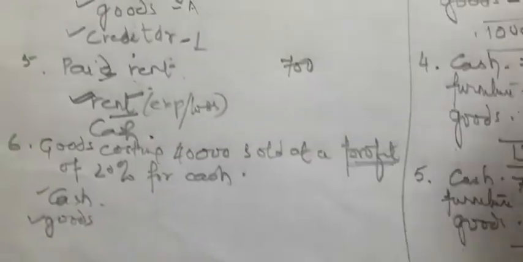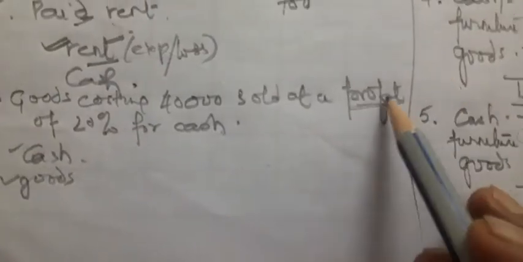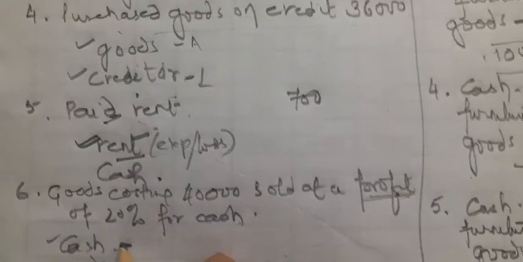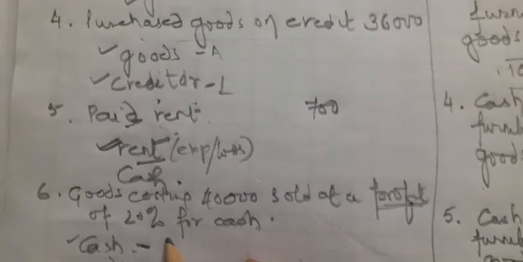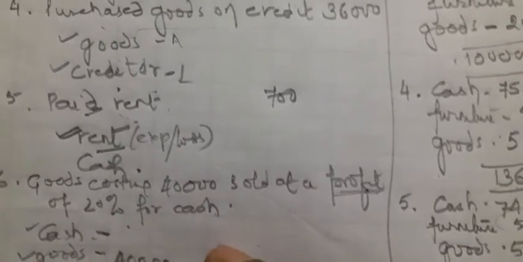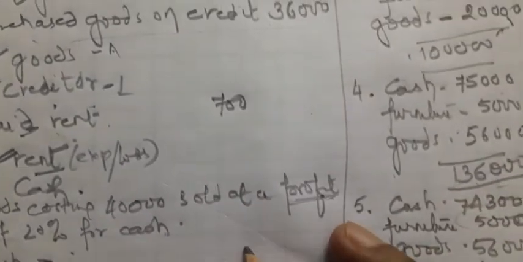So in case of profit, it will increase our capital also. So cash, goods that have been sold are of rupees 40,000, but these goods are sold at a profit of 20%.